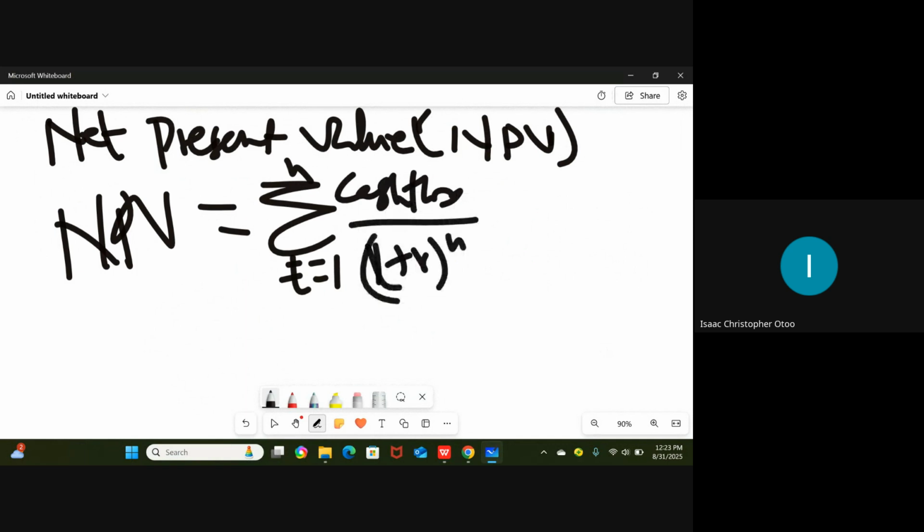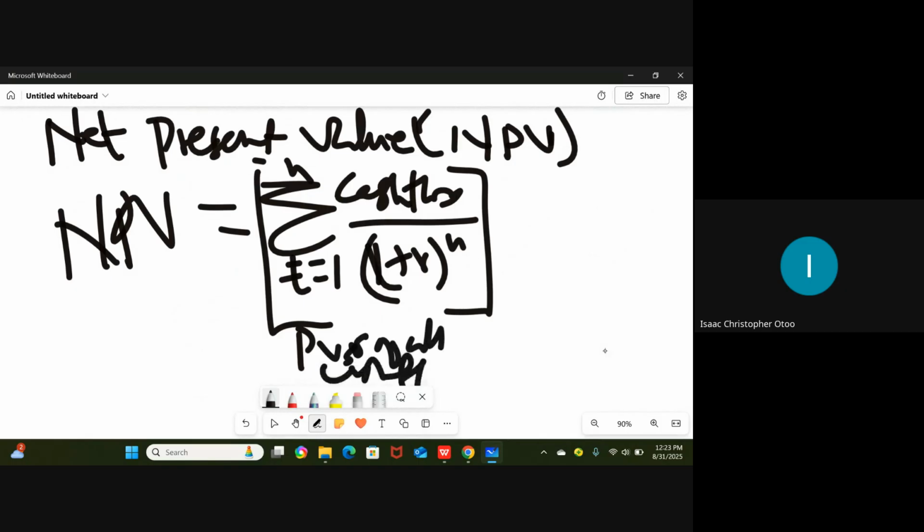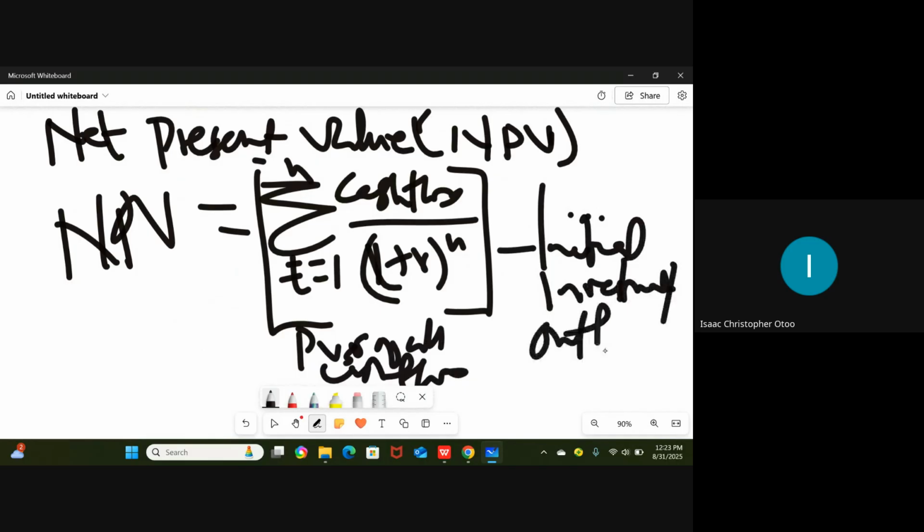This is what we call the present values of all cash flows, minus the initial investment or outlay.